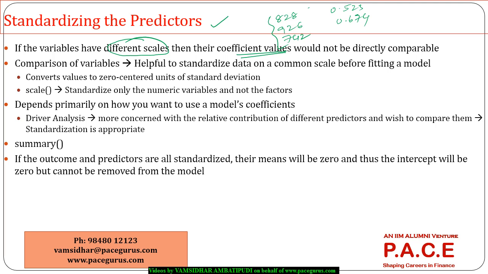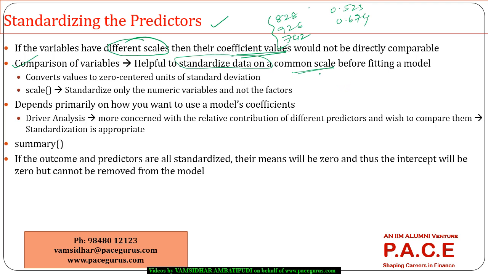Which predictor is influencing the dependent variable to the highest. In that case, it is very much necessary that I have to standardize the predictors. So, especially when my job is to compare the variables, that is very much possible only when I am standardizing the data. It's a common scale.